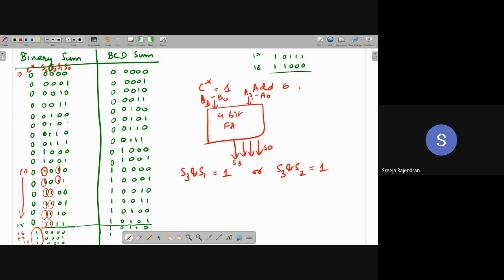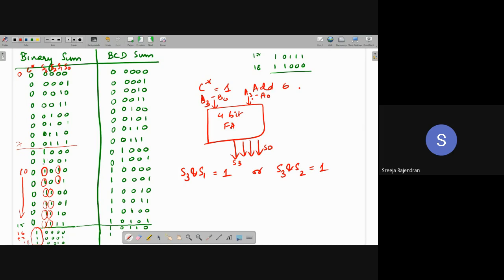So either when C star is 1, I have to do a correction, or what are the other cases? I have to see which combination. See, this combination does not work for many cases. Up to the number 7, you know that S3 is not 1, so this condition will not work there. That is correct, I don't need to do correction there.